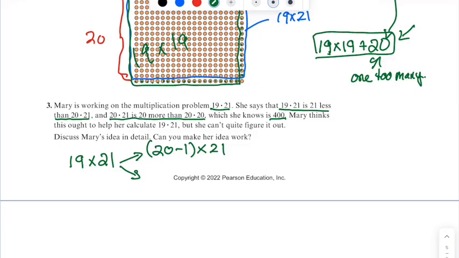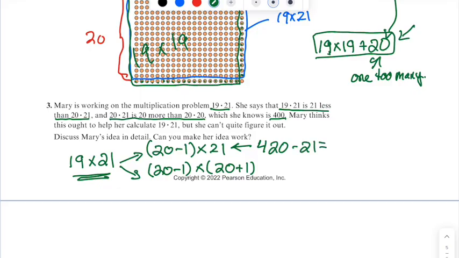So how do I connect that to this? So 19 is 20 minus 1 times 21 is 20 plus 1, right? So I'm very happy to see this line of reasoning, right? Because I have 19 times 21, 20 21s is 420 minus 21.